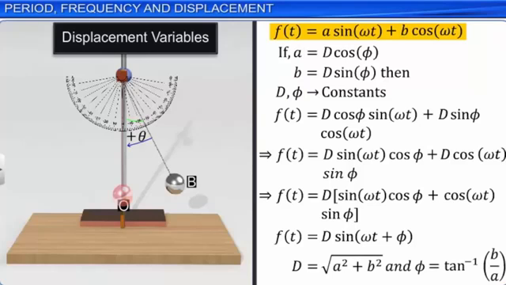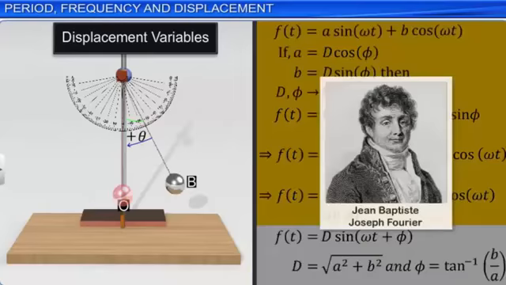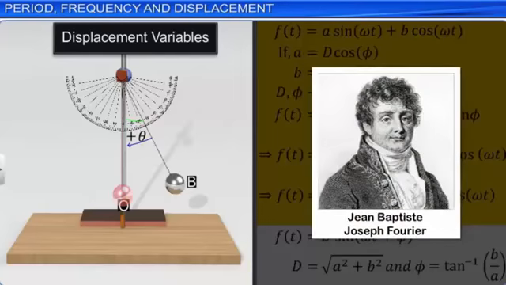We discussed a periodic function that is a combination of a sine and a cosine function. The importance of these two harmonic functions is due to the mathematical result proved by French mathematician Jean-Baptiste Joseph Fourier. According to the result, any periodic function can be expressed as a superposition of sine and cosine functions with suitable coefficients.